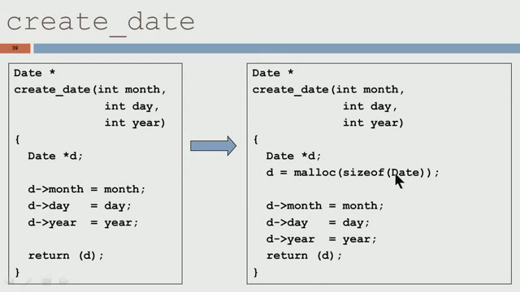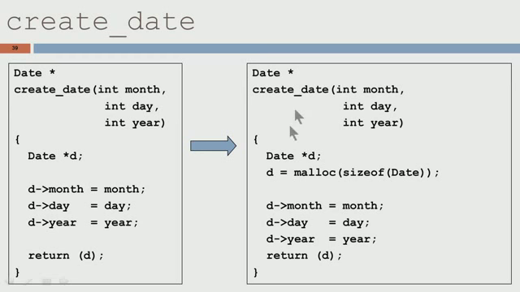So, sizeof date is 3 integers, one for month, one for day and one for year, and when you do malloc of sizeof date, that returns a pointer that is assigned to d. So, now d is actually pointing to an allocated space. Once it is pointing to allocated space, it is okay to do d arrow month, d arrow day and d arrow year, and when you return d, you are actually returning a pointer to the reserved space. The reserved space still exists and you are returning a pointer to it.